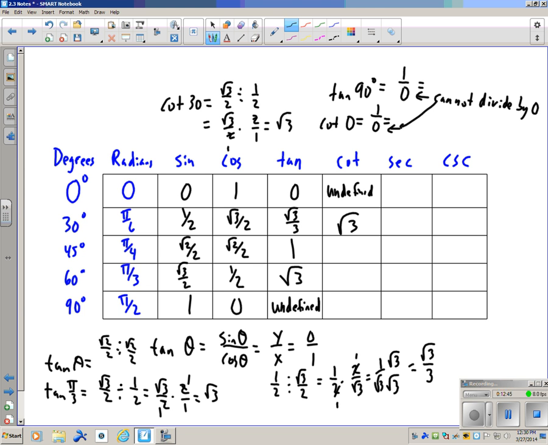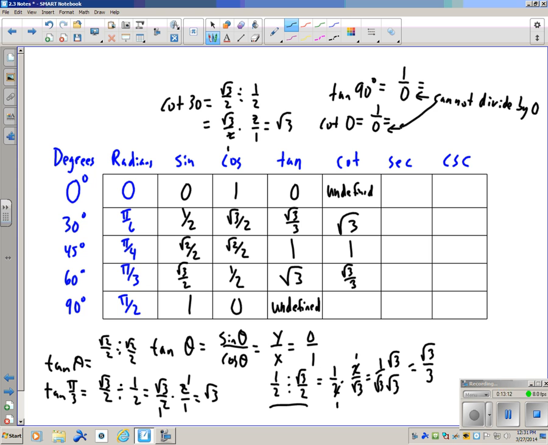And then, of course, cotangent of 45, you take the square root of 2 divided by square root of 2. Something divided by itself is just 1. For 60 degrees, cosine there, we've got 1/2 divided by the square root of 3 over 2. Well, we did that already, and we ended up getting the square root of 3 over 3. So I'm just going to rewrite it instead of doing it again.